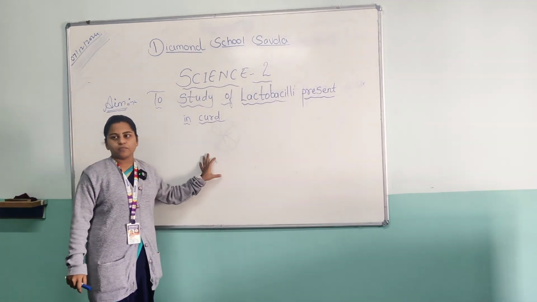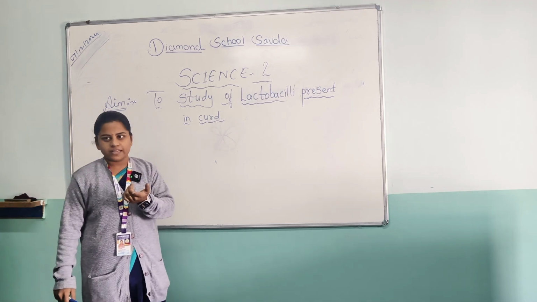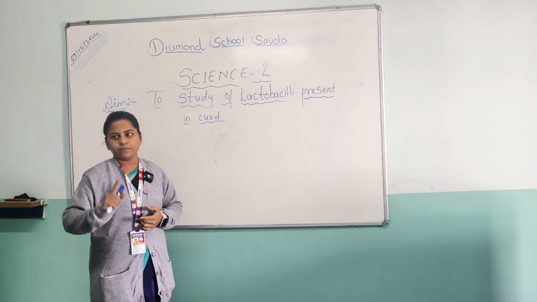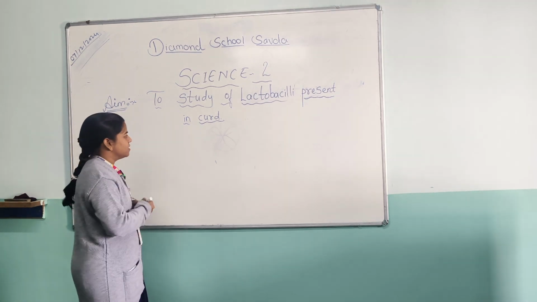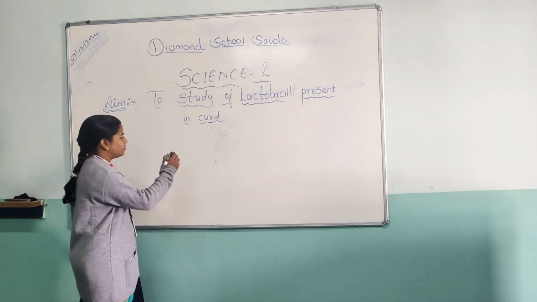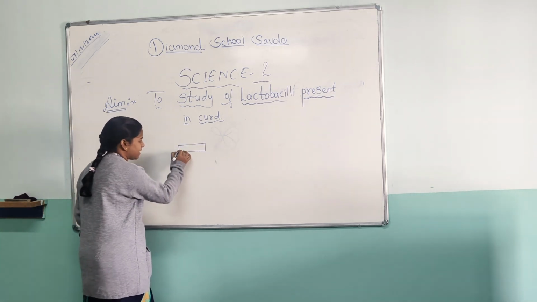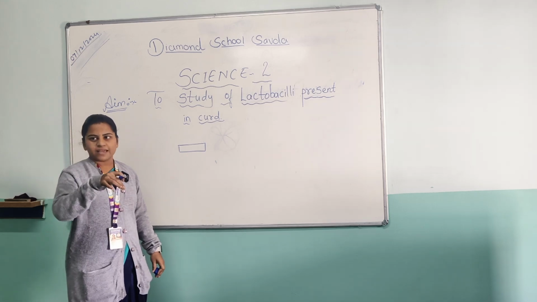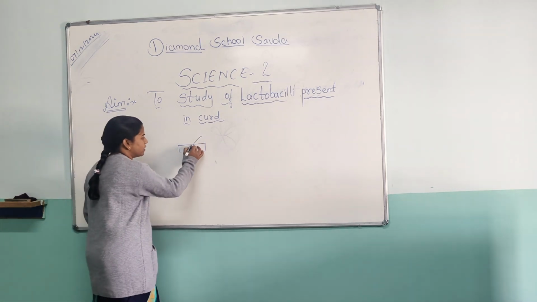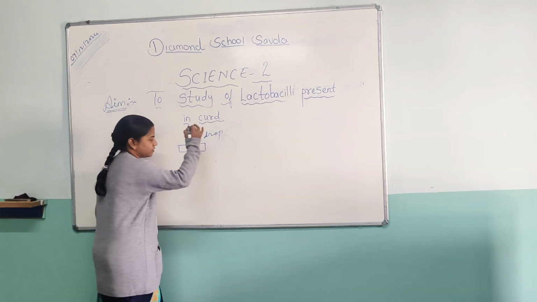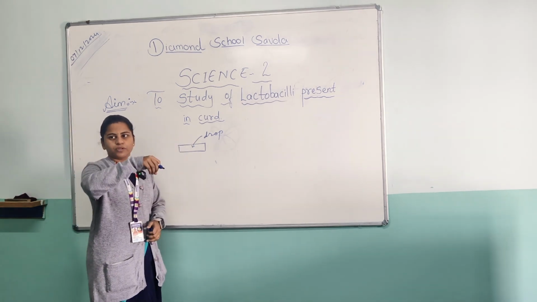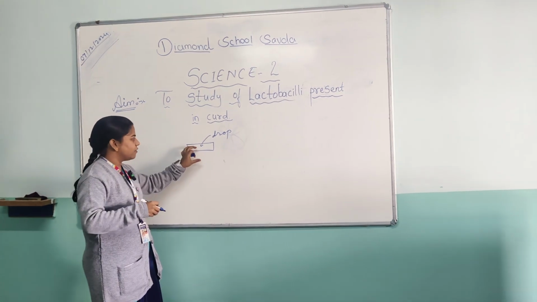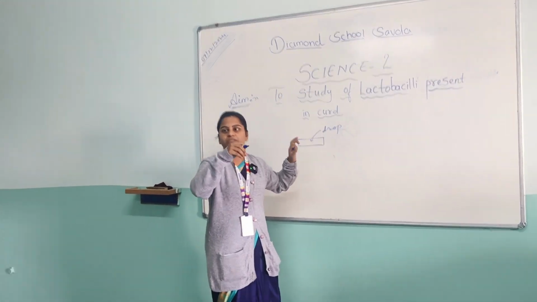So how will we perform the practical? First of all, I will explain in theory, and afterwards we will perform the practical. We have to take a glass slide, and on that glass slide pour 1 drop of curd. After that, we pour a drop of methylene blue.